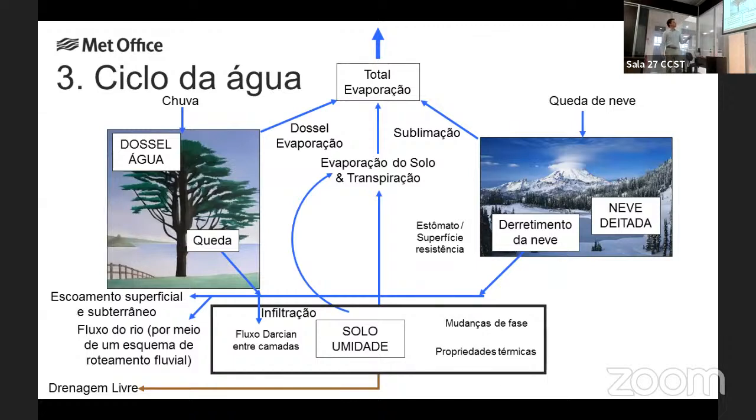So you've got rainfall coming in, snowfall coming in, and then there are different forms of evaporation. You've got evaporation from the canopy, and then infiltration down into the soil. You've also got water storage in the canopy as well. And then this couples to the river component of the JULES model.